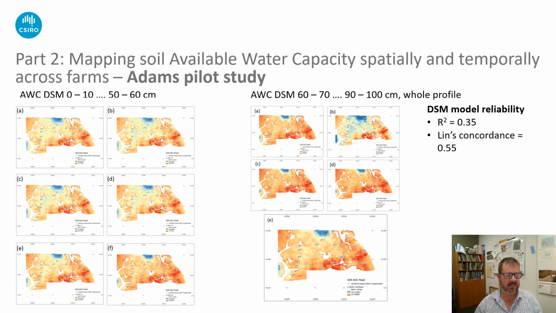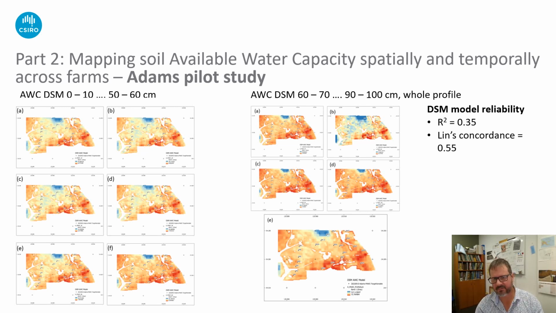For the AWC mapping, we're using the DSM for Dan's farm. Each of these is a 10 centimeter slice of AWC. So we're getting deeper and deeper. This is 0 to 10 centimeters, and this is 90 to 100 centimeters. The big one at the bottom is that summed across the whole profile for 1 meter.